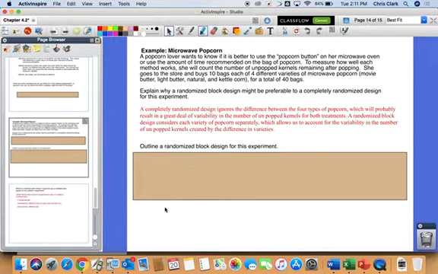Why does it matter that you randomly choose the bag? It's a good question. It really is adding that layer of I don't have any bias. Because what if I grab 10 bags of popcorn straight from the shelf, and maybe the top 5 bags are just a little bit different than the bottom 5 bags in the way that they were made.